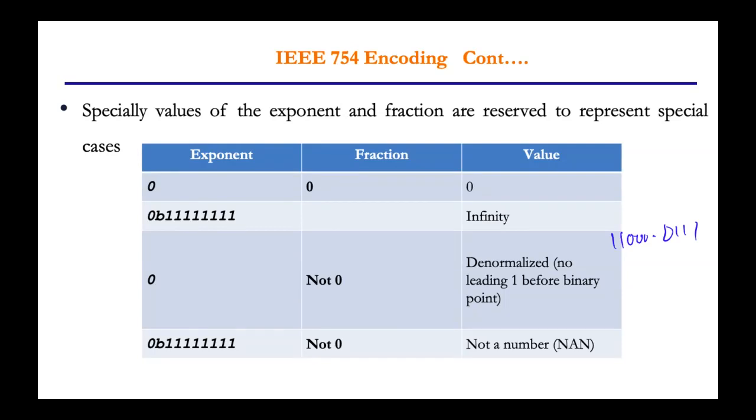No leading one before the binary point. And if the exponent is all ones and the fraction is not 0, then it is not a number. It is a number which doesn't fall in the range of 10 to the power of 38 to 10 to the power of minus 38, the range which we discussed.